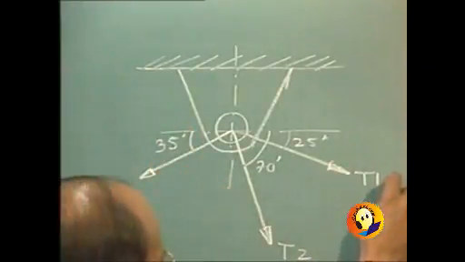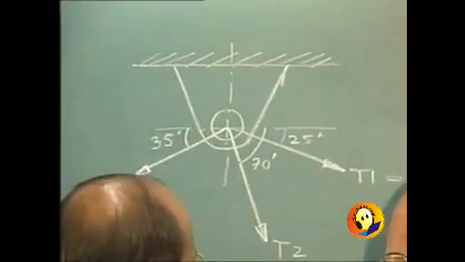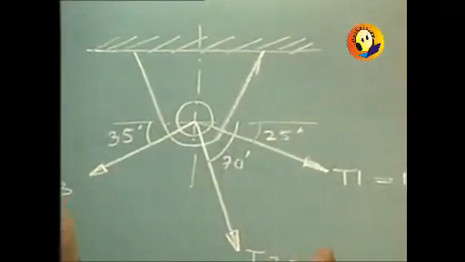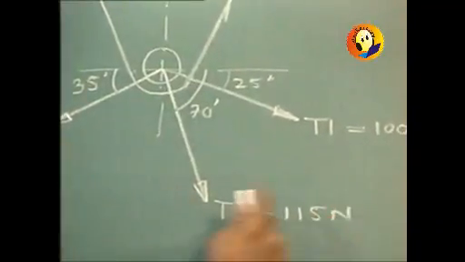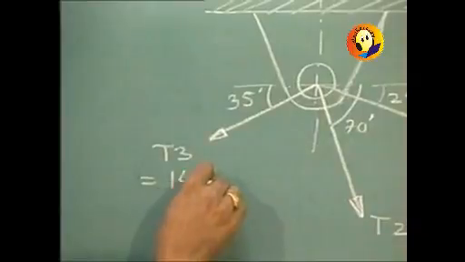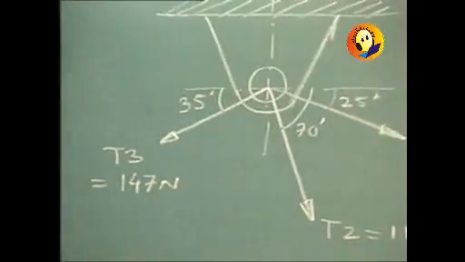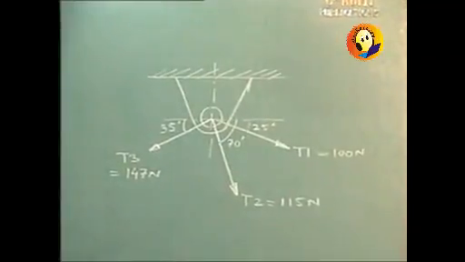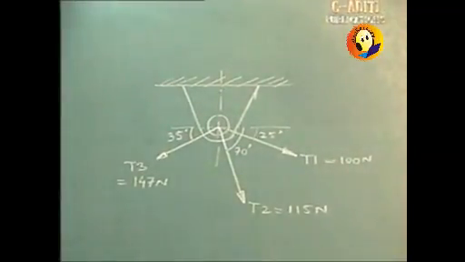The magnitudes: this is 100 Newton, this is 115 Newtons, whereas T3 is given as 147 Newtons. We are required to find the resultant of these three tensions and determine in which direction the net force is acting.